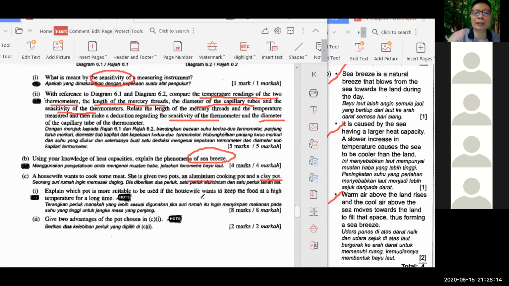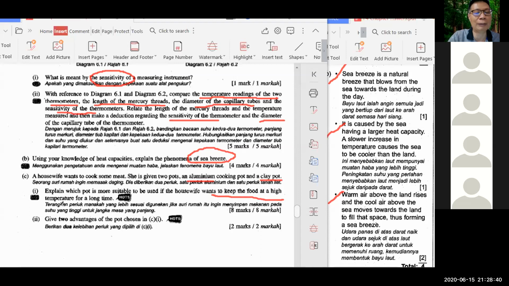So now in your mind, you have 2 cooking pots, one made from aluminum, the other from clay. Explain which pot is more suitable to be used if the housewife wants to keep the food at high temperature for a long time. 8 marks. Give 2 advantages of the pot chosen.